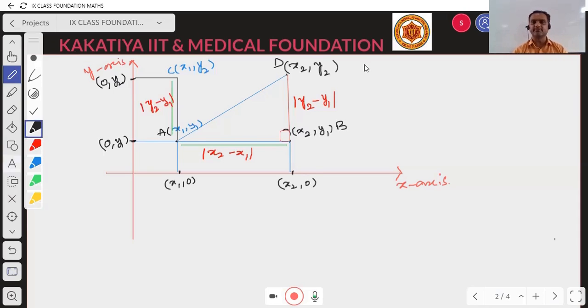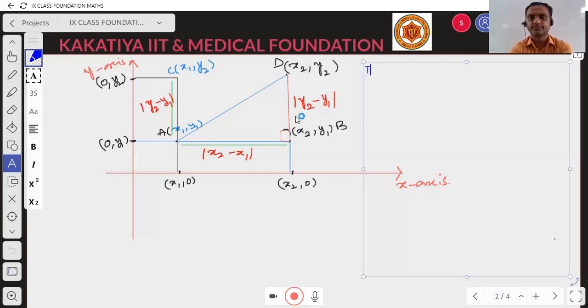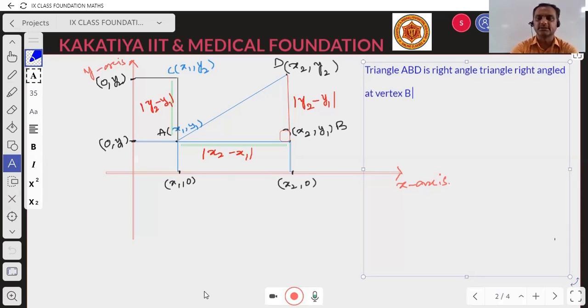Say we have the points A, B, D. So I'll say triangle ABD is a right angle triangle, and it is right angled at vertex B.